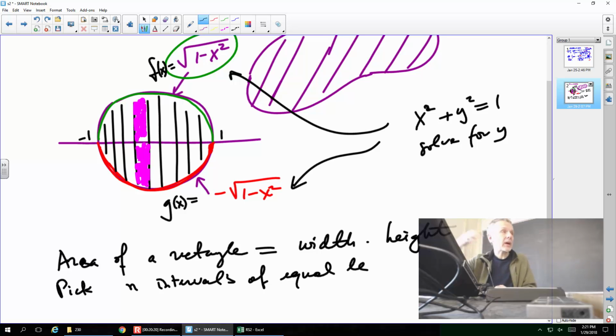So the things develop exactly the same way as in calculus 1 in the definite integration. So we start with the Riemann sums. So far, I'm not speaking of Riemann sums. I'm just trying to approximate the area. Okay. So pick n intervals of equal length. So delta x is equal to 1 minus negative 1 over n, or it is simply 2 over n.